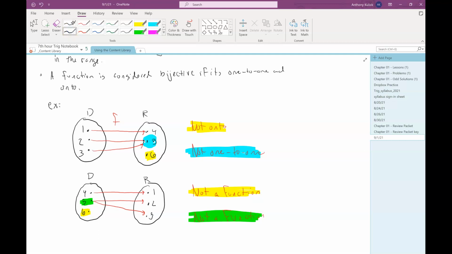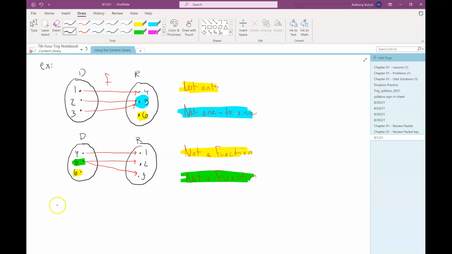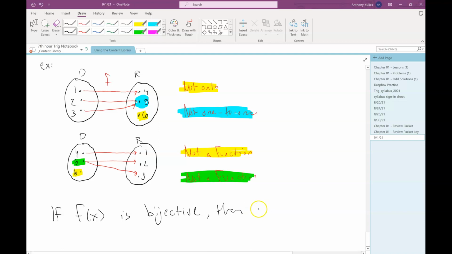So what does this lead me to say then? If f of x is one-to-one and onto, then f inverse of x is a function.